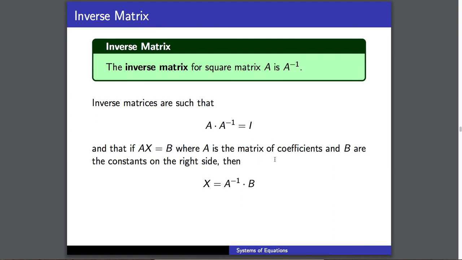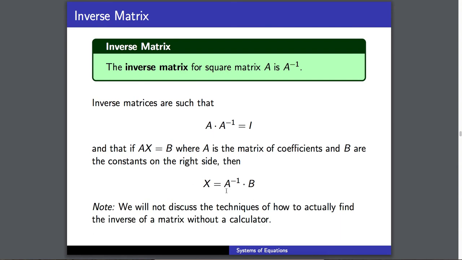So again, A is the matrix of coefficients and B were the constants on the right-hand side. Then solving for X, if we multiply both sides by A inverse, we get X equals A inverse times B. So here we're going to want to use the inverse matrix first and then multiply by the matrix of the constants on the right-hand side. So we are going to go in this order.